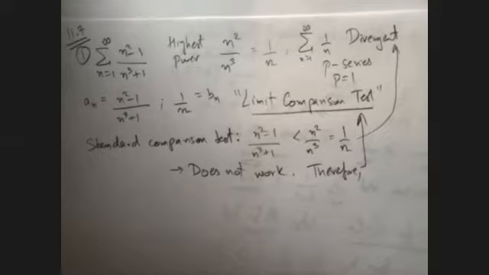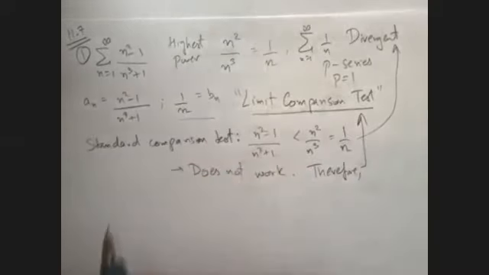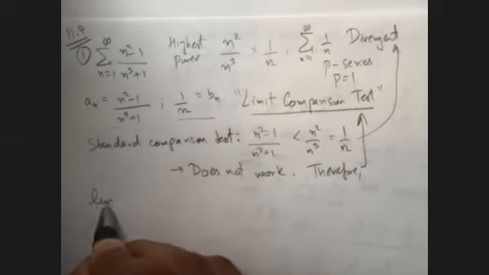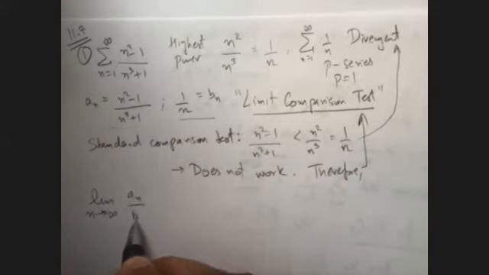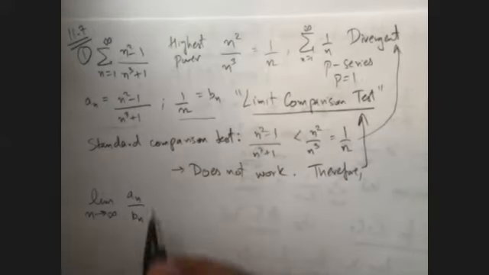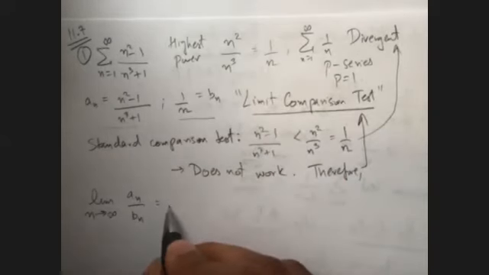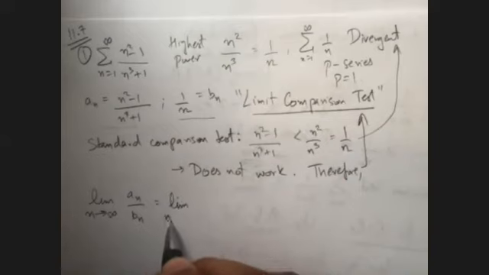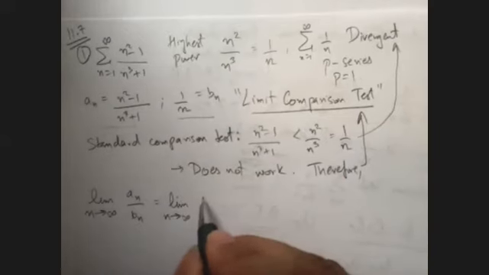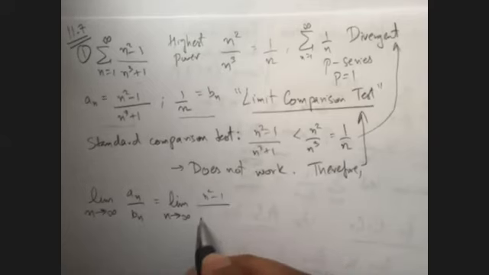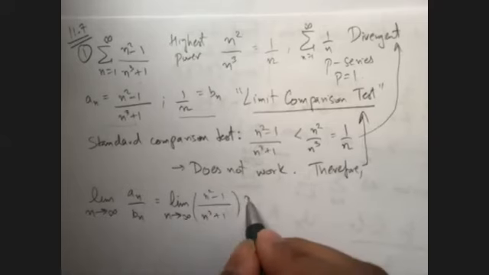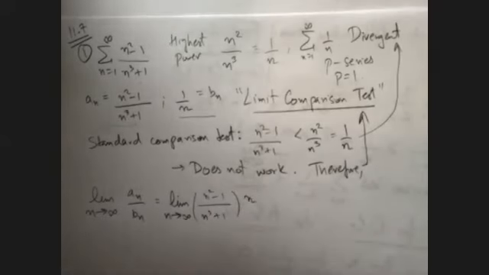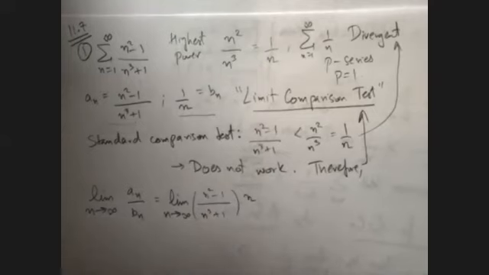So limit comparison test means, this is bn, this is an. Limit: because 1 over n is in the denominator, so n comes in the numerator.